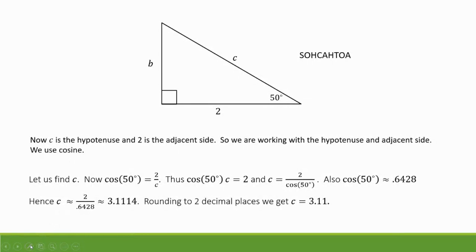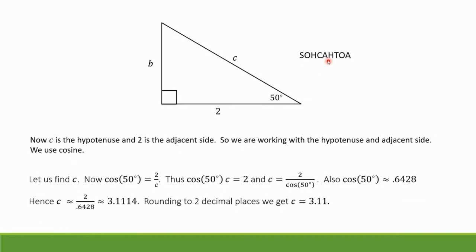Okay, so now we want to get the hypotenuse C, correct? That's what we want to get. We also have the adjacent side. We're not going to use B though. If we have the adjacent side and we want the hypotenuse, which trig function do we use? Well, going to SOHCAHTOA, A is adjacent, H is hypotenuse.